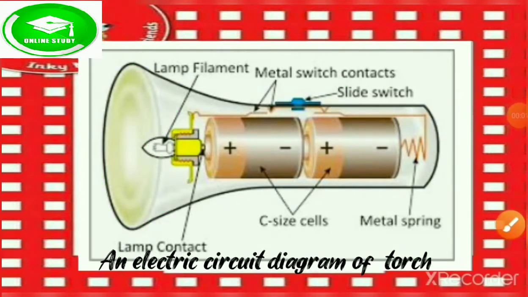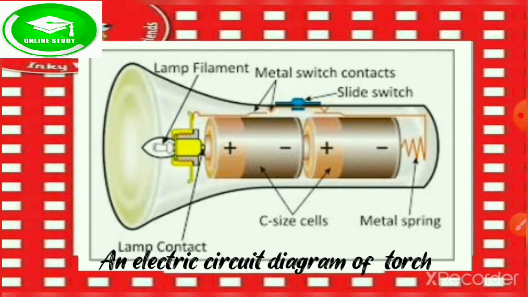Children, a thin line drawn through the bulb, the batteries and the switch shows the complete circuit path. By sliding the switch, the circuit path can be broken, so the sliding switch is used to make or break the electric circuit within the torch. The two batteries are placed one behind the other so that the positive terminal of one is in contact with the negative terminal of the other cell.